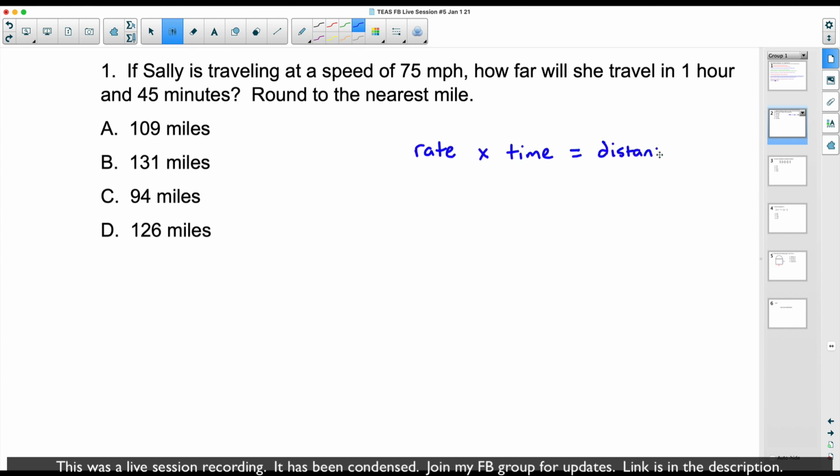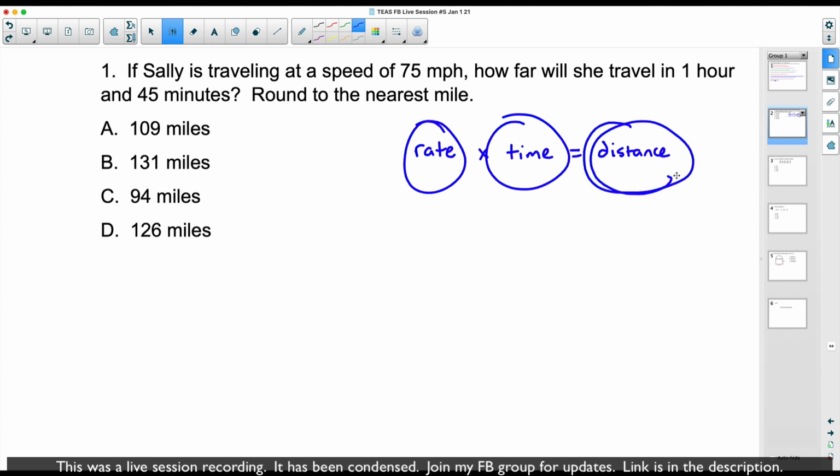Think about this, folks. If you travel at a speed of 50 miles per hour for, say, 2 hours, you would take 50 times 2, and your distance would be 100 miles.